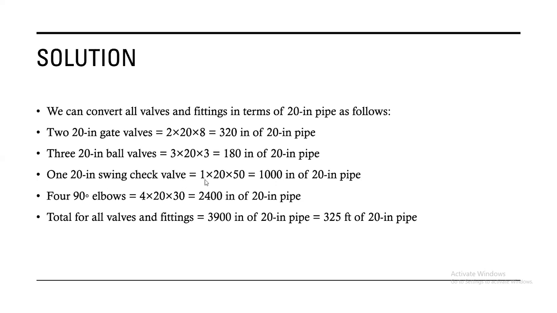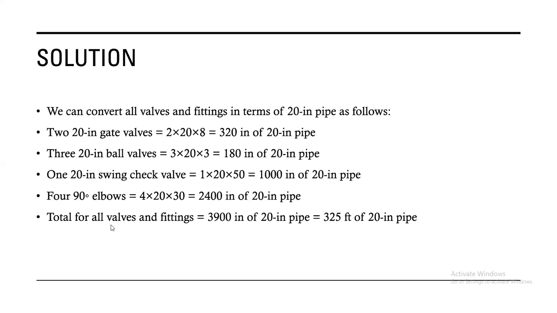One 20-inch swing check valve is only 1, the diameter size times 50, the ratio, so you get 1,000 inches of 20-inch pipe. Four elbows is 4 of them, and it's equivalent to 20 each times 30, which equals 2,400 inches of 20-inch pipe.